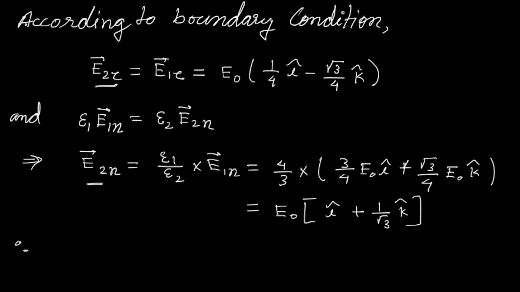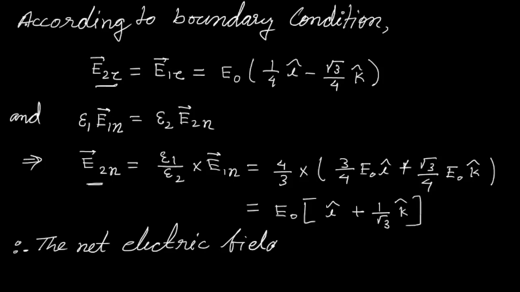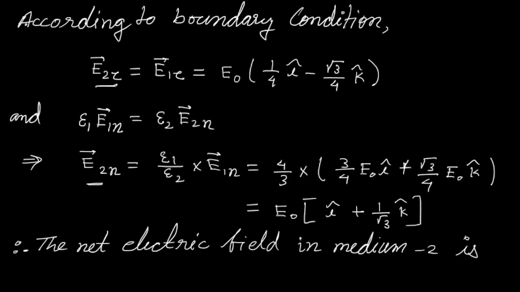Therefore, the net electric field in medium 2 is E2 equals E2 tangent plus E2 normal, and we know both the components, so if we write them together we will get the final expression of the electric field on the other side.